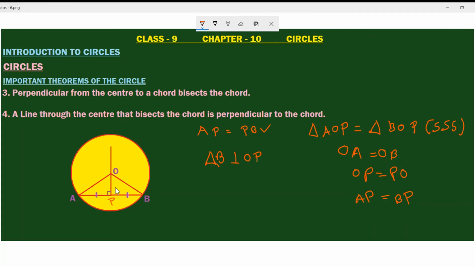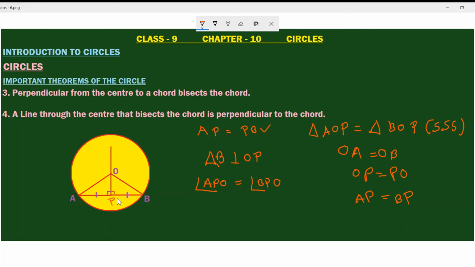If these two are congruent triangles, then we can say all the corresponding angles are equal to each other by CPCT. So according to that, angle APO is equivalent to angle BPO. These two are equal to each other, but we need to prove these two are 90 degrees. How can we prove 90 degrees?